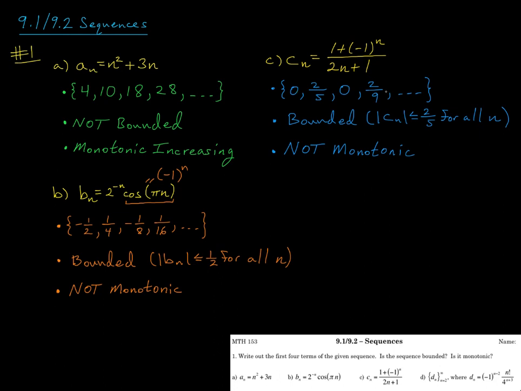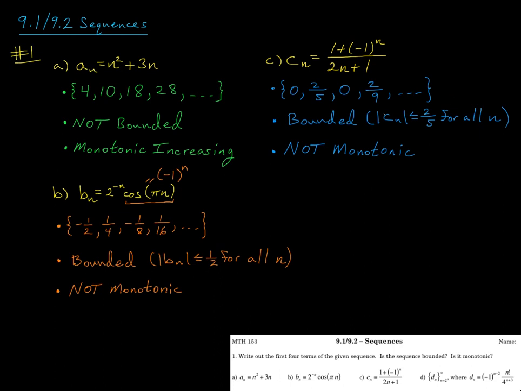Now for even index terms, C2, C4, and so on, I get 1 plus 1, which is 2 up top, and then I have the 2n plus 1 downstairs, so that's going to give me a 5, then a 9. It's going up by 4 from even index term to even index term. So the next ones would be 2/13, then 2/17, and so on.